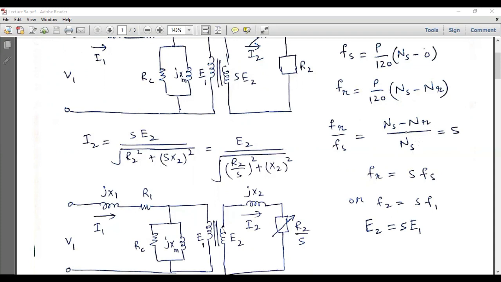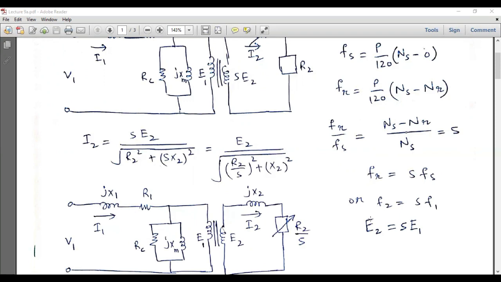And this mathematical expression is equal to the slip. So slip is defined as the relative difference of the synchronous speed and the rotor speed. So we can write Fr is equal to sF1, or if F2 is the rotor frequency and F1 is the frequency at the stator side, then F2 is equal to sF1. So this is the first very important expression.